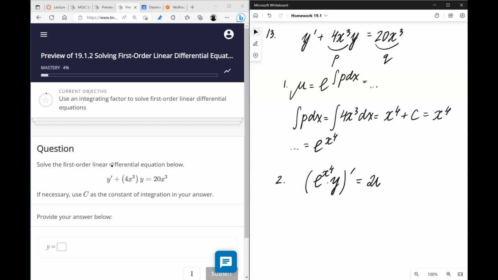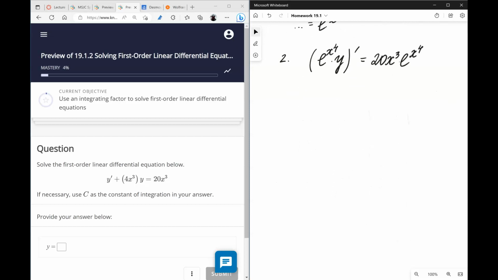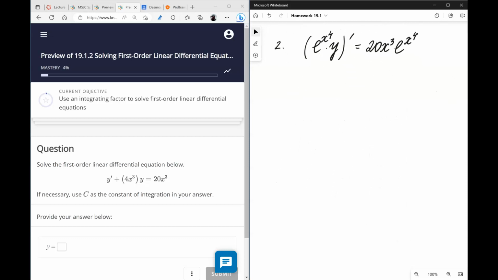The right hand side becomes the Q times the integrating factor. And now to undo the derivative on the left hand side, we integrate both sides. So here's what we get.